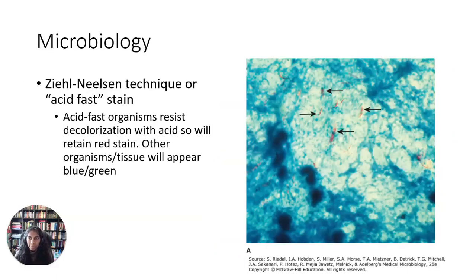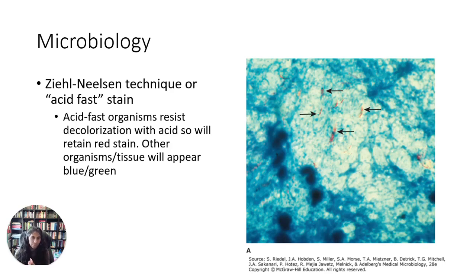So in terms of the microbiology, again, we use this acid-fast stain or the Ziehl-Neelsen technique. Basically, the tissue is stained red with a red dye, and then an acid is used to decolorize or remove the stain from the tissue. However, this mycolic wall is able to resist the acid and holds on to that red stain.